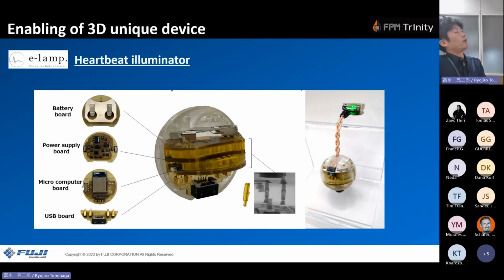And actually, this device was ordered by a student startup CEO, and she wanted to make this device, and she wanted to proceed with the testing and the POC as fast as possible.